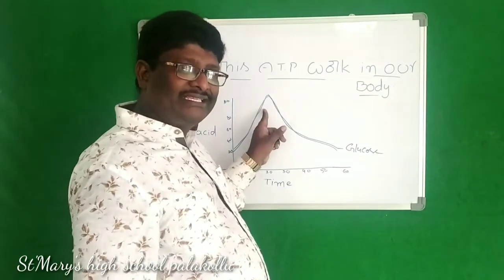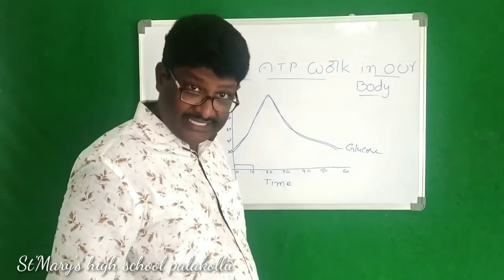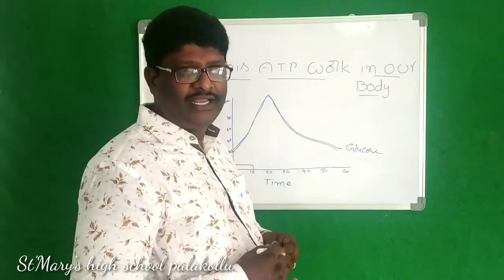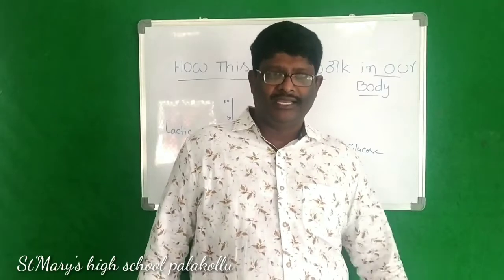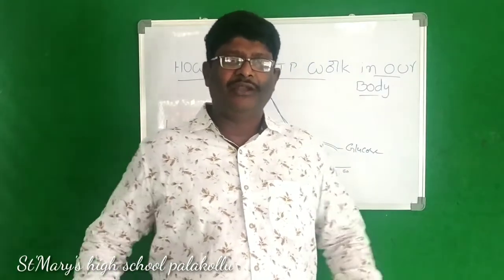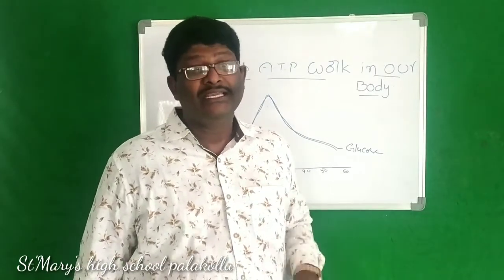But when the lactic acid is high in our body muscles, we get body pains, meaning muscle pains. Okay now? So that's the reason when we play cricket or some other games, we feel body pains. Is it right? The reason is the lactic acid accumulates in the muscle.